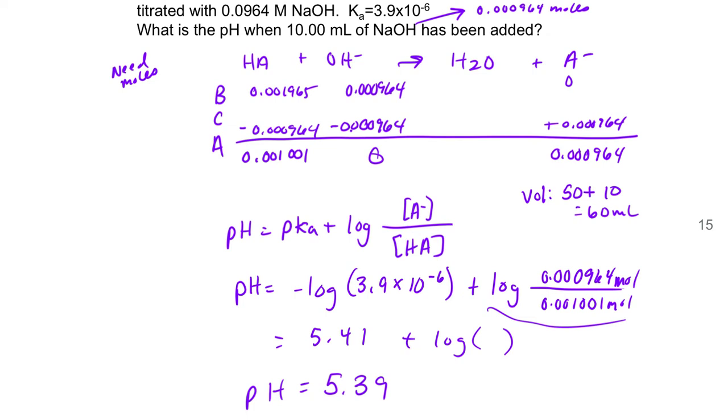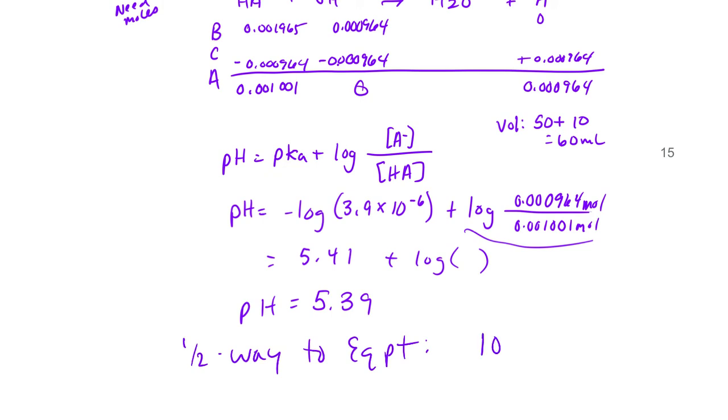because we weren't halfway to the equivalence point, right? So that's another thing to keep in mind. We ended up subtracting a small value from the pKa, okay? If we were all the way to halfway to the equivalence point, we would have had to have added for this problem 10.2 milliliters of base, and we would know that the pH equals the pKa, which would be 5.41.